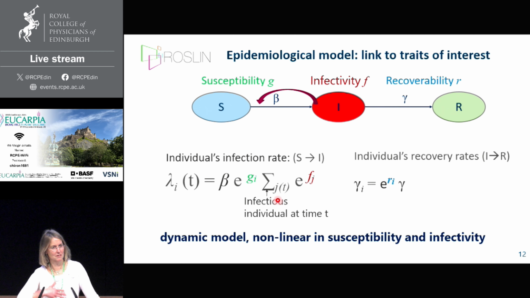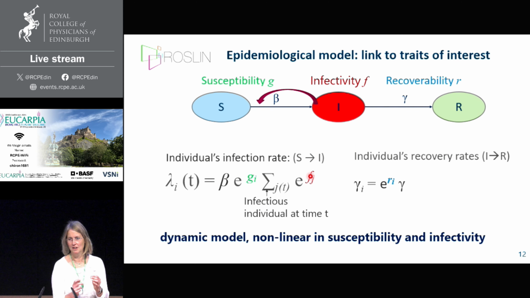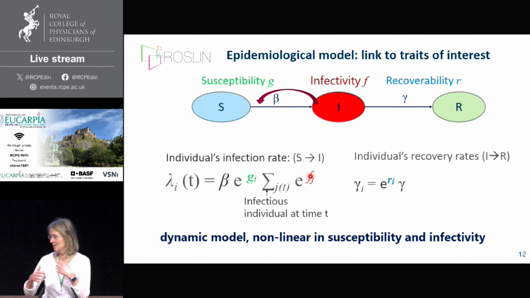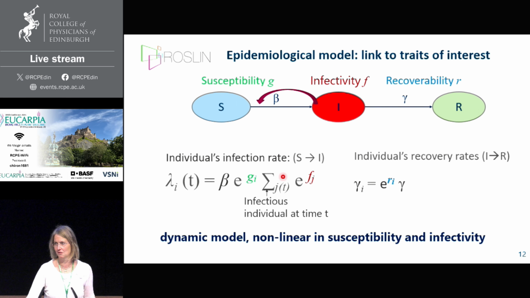And of course, the number of infectious individuals changes constantly, right? And I think in the plant community, this is a simpler model, but I think here you would also need to have a spatial component, because plants don't move. With animals, we just assume they mingle and mix homogeneously, plants don't, so you would need to include also a spatial model here. But that shouldn't be too difficult because you know that.